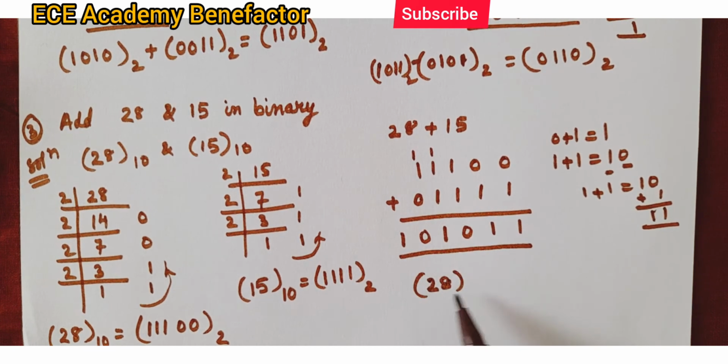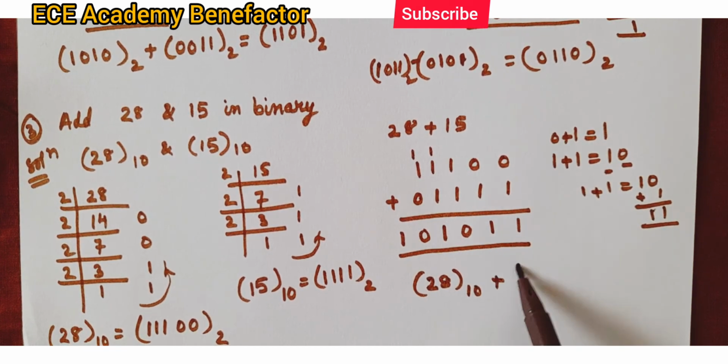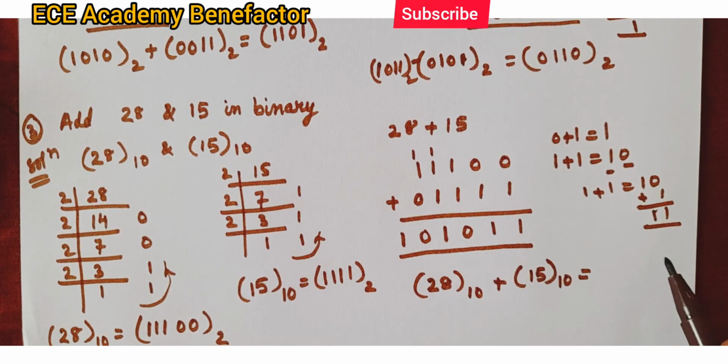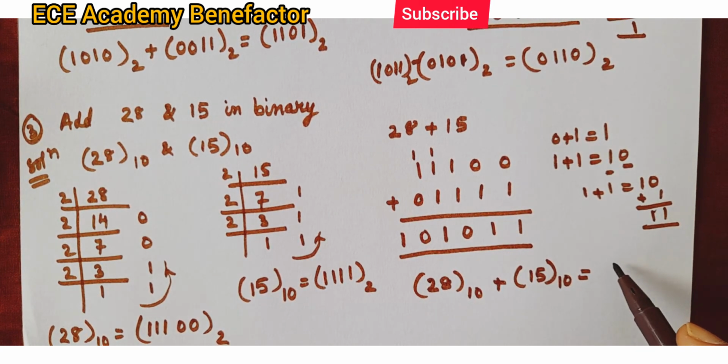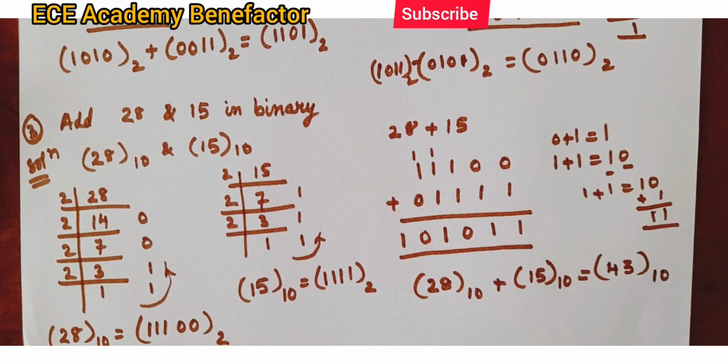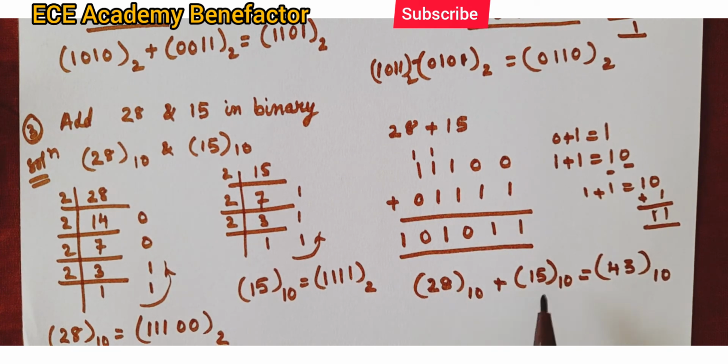28 decimal when added with 15 decimal gives how much? 43. 43 in decimal. So we had done this work in binary. So how to write the answer?